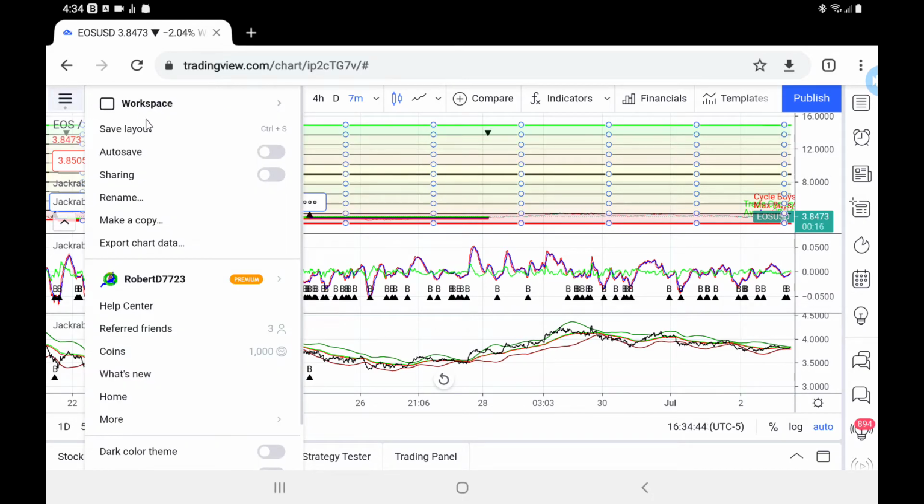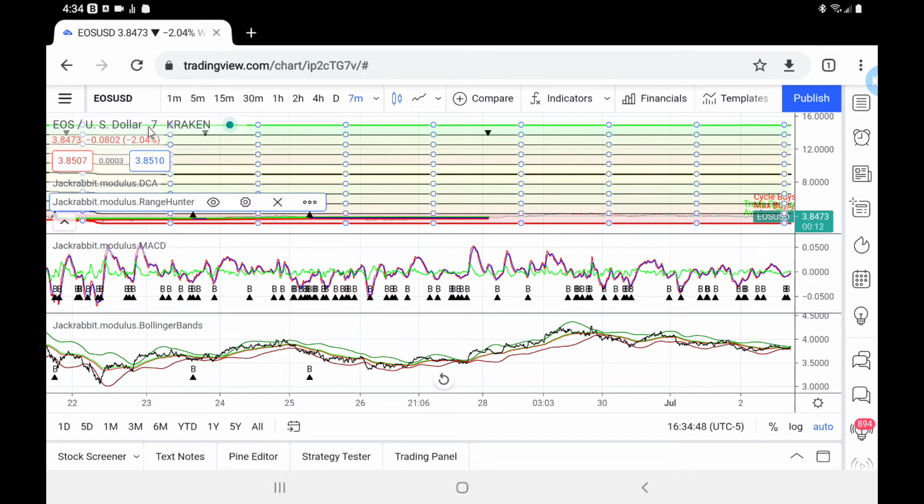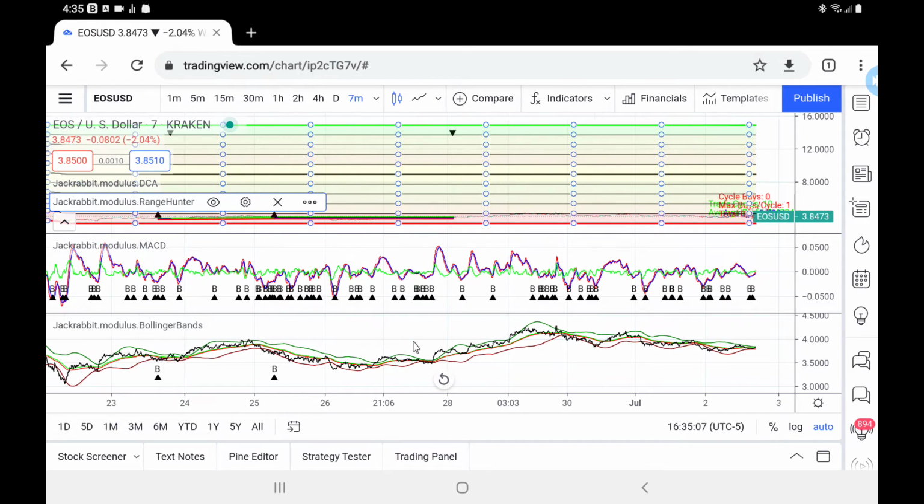Okay, so I'm going to save this chart. Don't want to lose this. So within a matter of minutes of just visually looking at what I wanted and talking my way through the process, thinking out loud, as you might say, I've come up with a system that, well, quite honestly, I like.